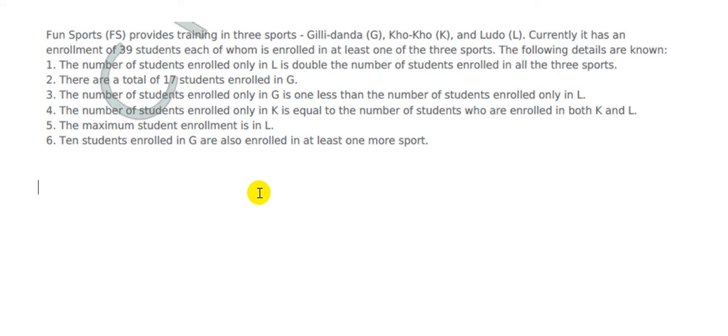Okay, the next one. Fun Sports provides training in 3 sports: G, K, and L. Currently, it has an enrollment of 39 students, each of whom is enrolled in at least one of the 3 sports. The following details are known: the number of students enrolled only... Okay, so by looking at the question, can you tell me how many variables are there?